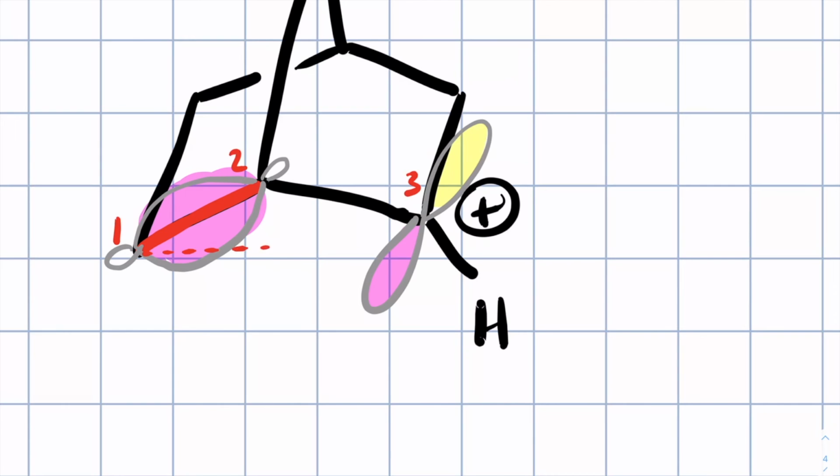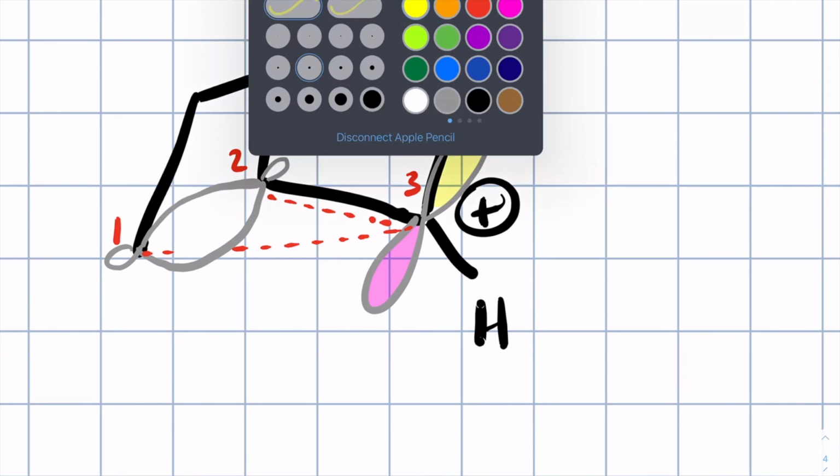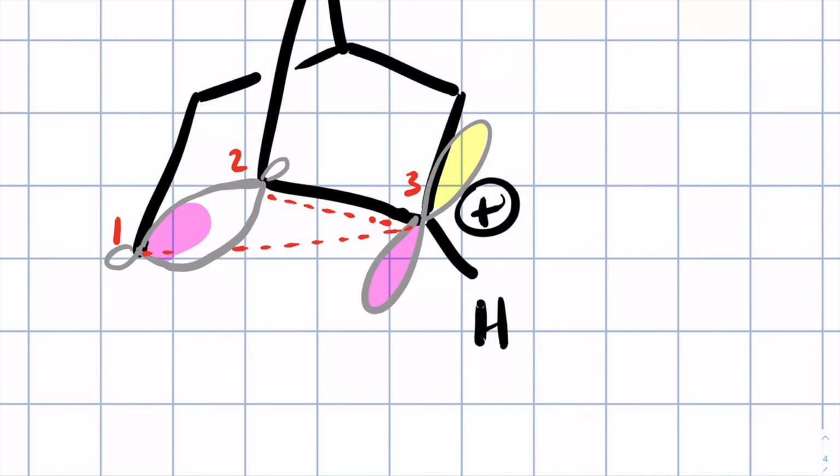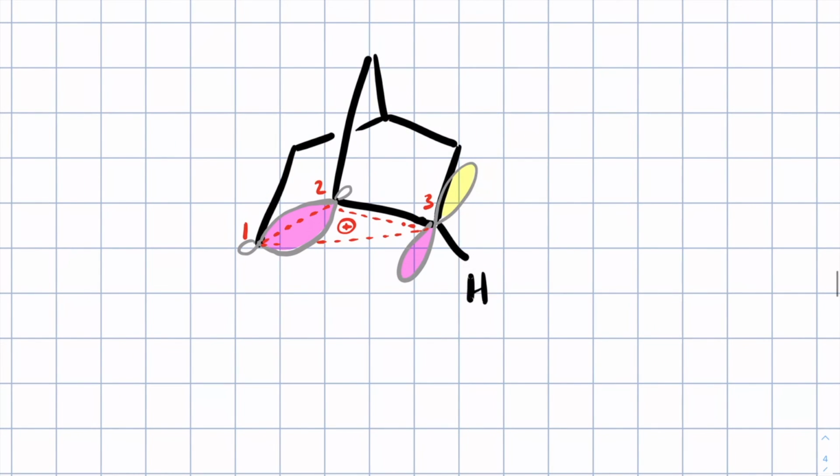So we're going to draw a dotted line here and a dotted line there. And in fact, maybe, oops, I erased too much stuff. Maybe we'll take that original bond and put a dotted line there, and we'll put a positive charge in the middle. You've got 3 atoms, 2 electrons, and a positive charge.